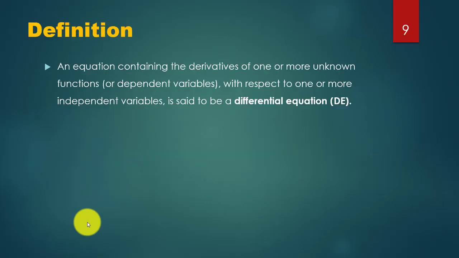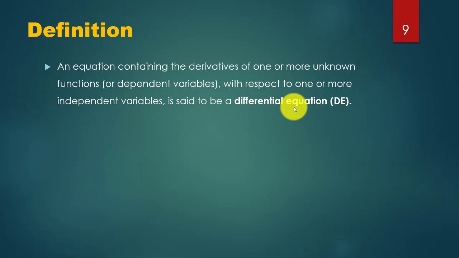An equation containing the derivative of one or more unknown functions, that is the dependent variables, with respect to one or more independent variables, is said to be a differential equation. So this is the exact definition for a differential equation.